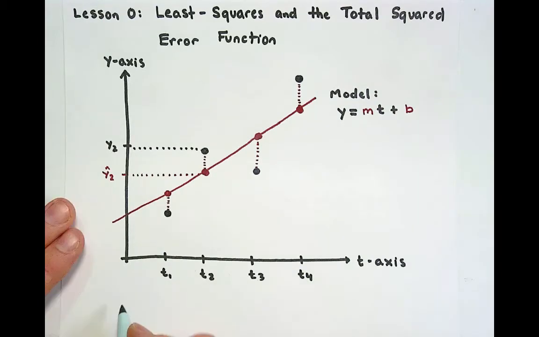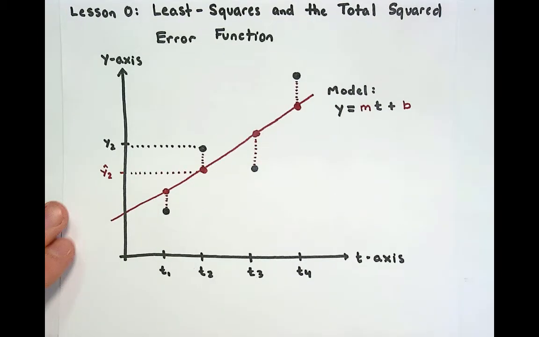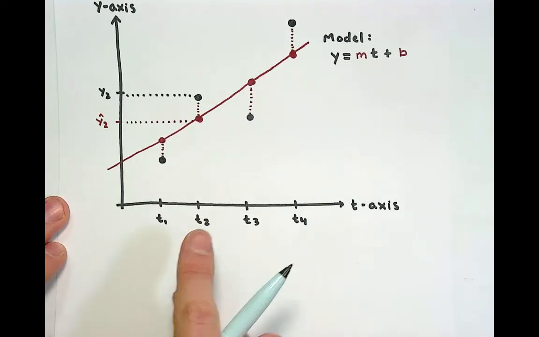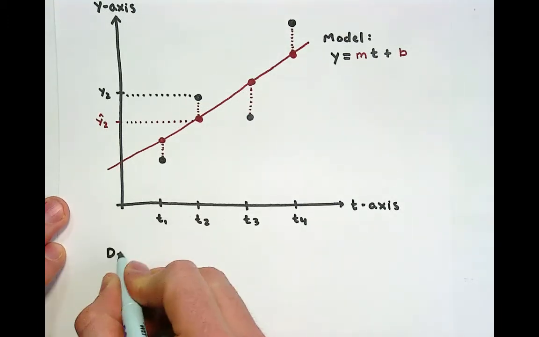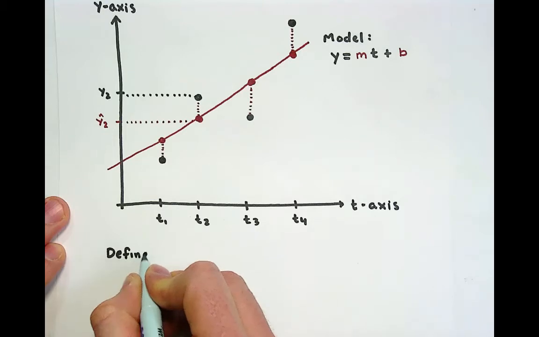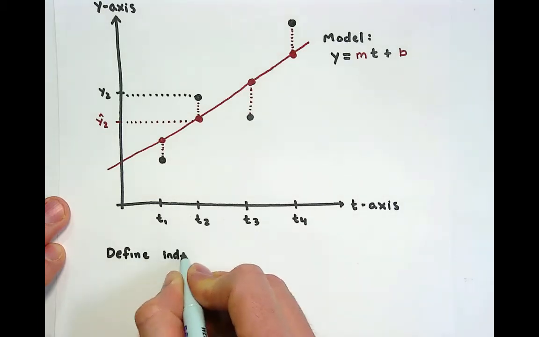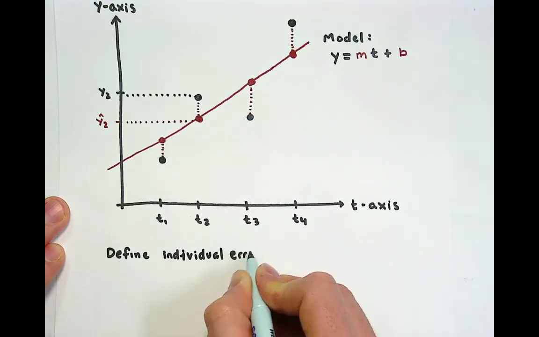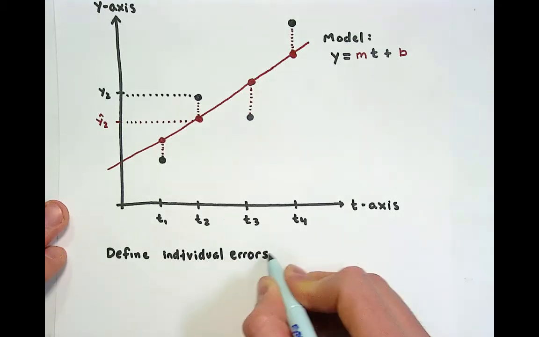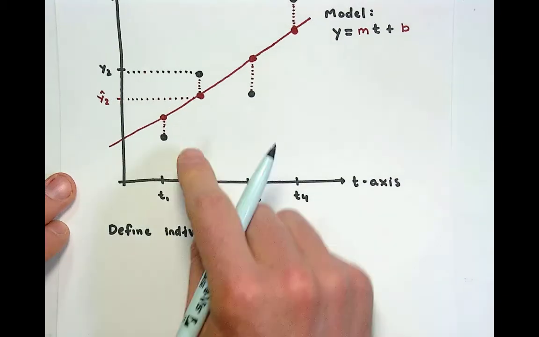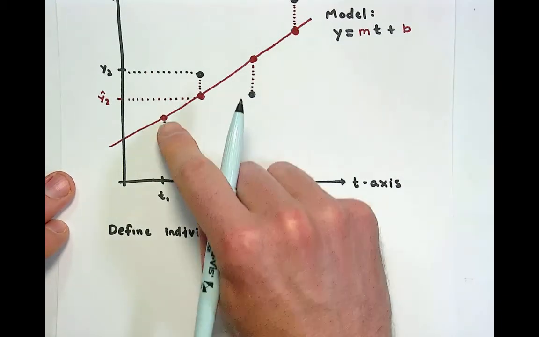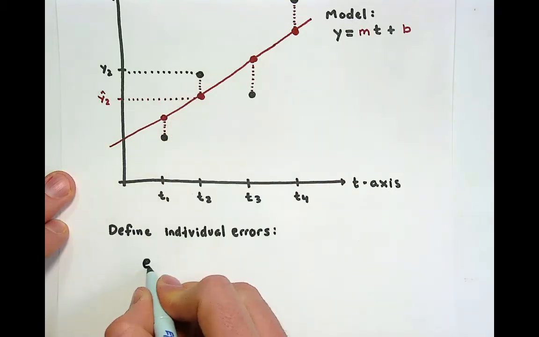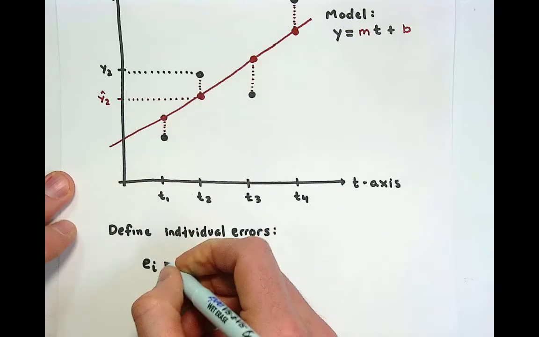And the whole idea was that we were going to construct individual error functions, which were given by the difference between the modeled value and the actual collected value. And we call that, for the ith data point, e sub i.